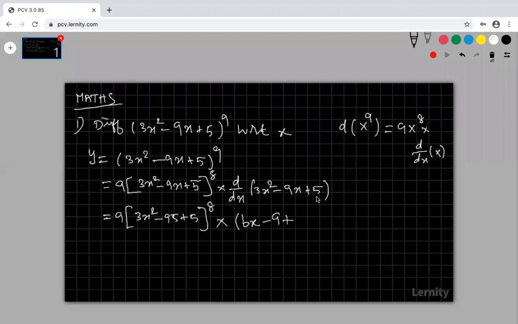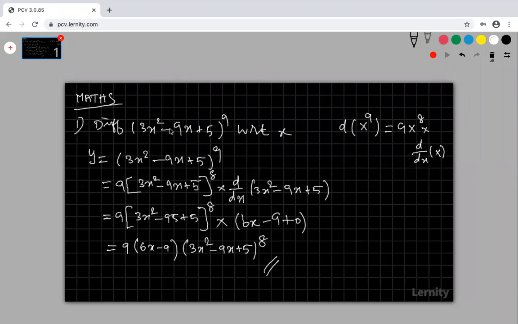Plus the differentiation of the constant is 0. Are you clear? So this is 9 into 6x minus 9 into 3x square minus 9x plus 5, the whole power 8. This is the derivative of the given function.